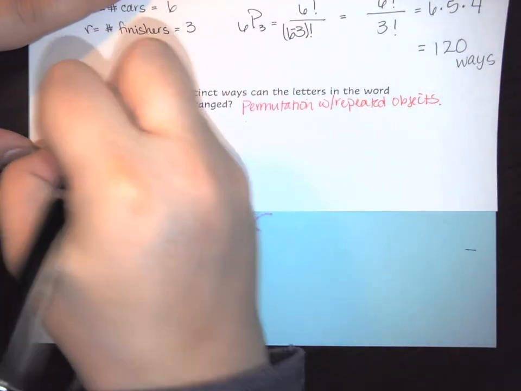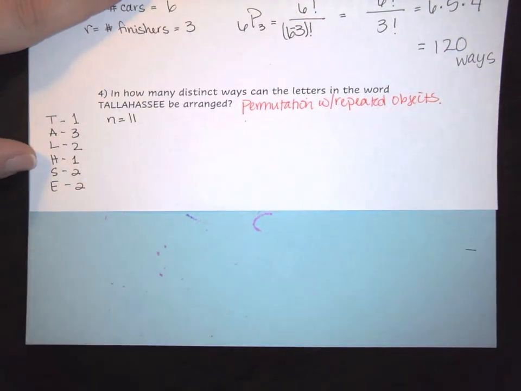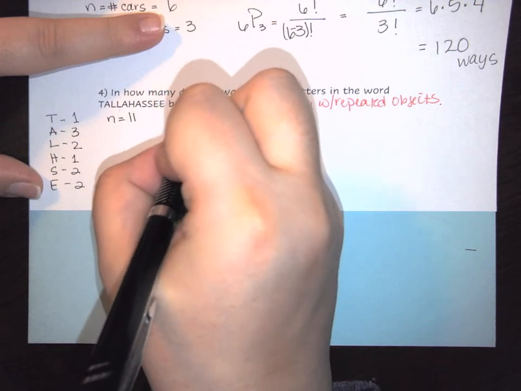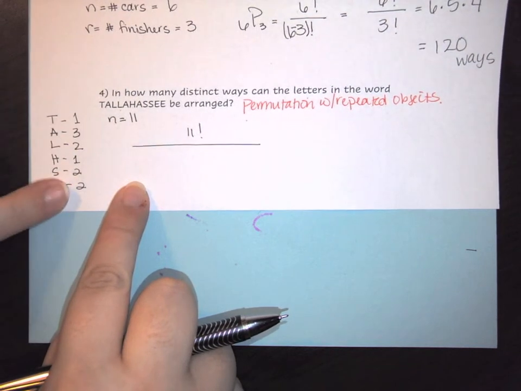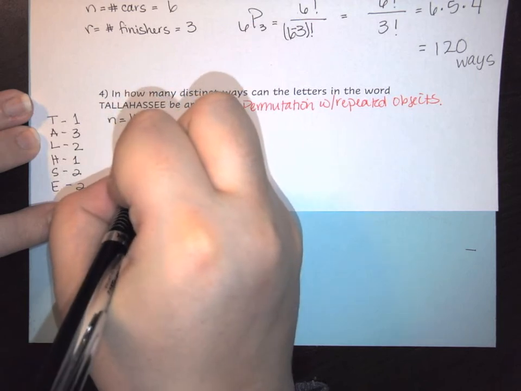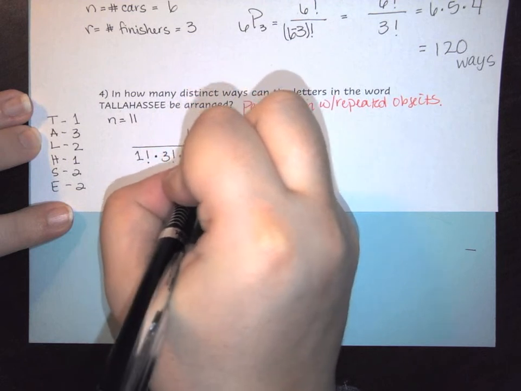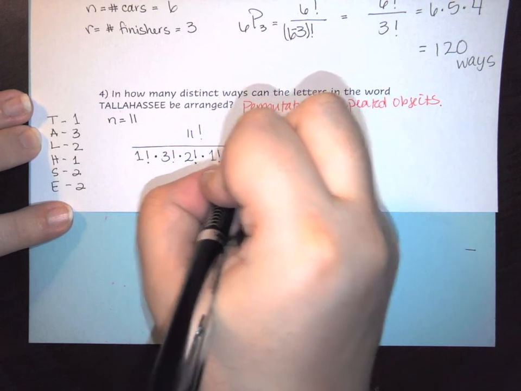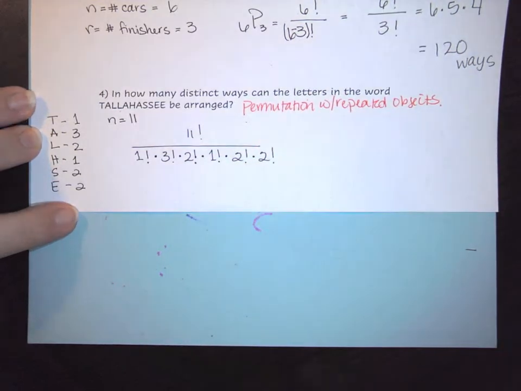So here my n equals 11, which is the total number in my word. So to find my permutation, I'm going to do 11 factorial divided by, and then I'm going to take each of these types and put a factorial underneath it. So I have 1 factorial times 3 factorial times 2 factorial times 1 factorial times 2 factorial times 2 factorial.